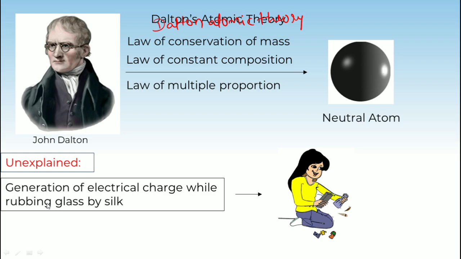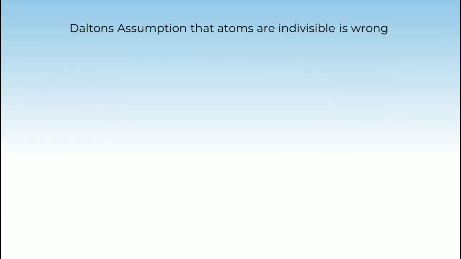So now in this chapter we will discuss some experimental observations made by scientists at the end of the 19th century and the beginning of the 20th century, showing how atoms are made up of subatomic particles, that is electrons, neutrons, and protons.